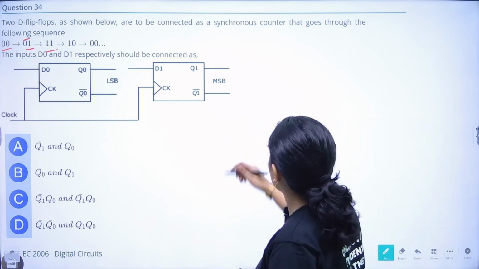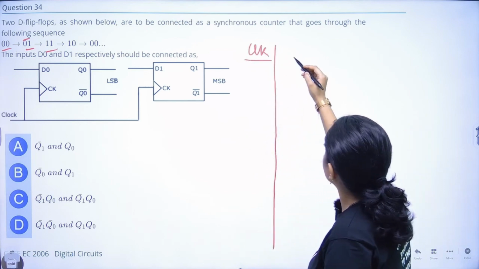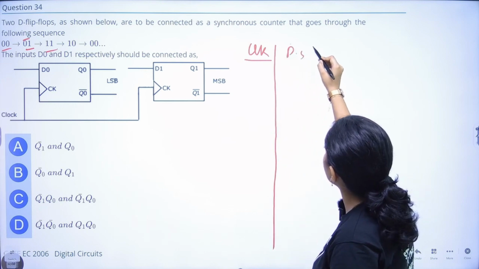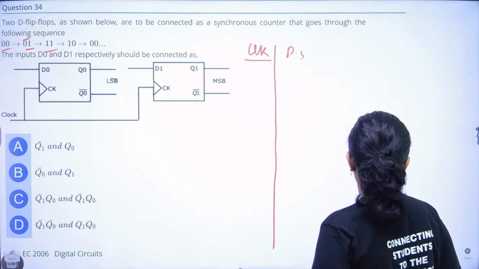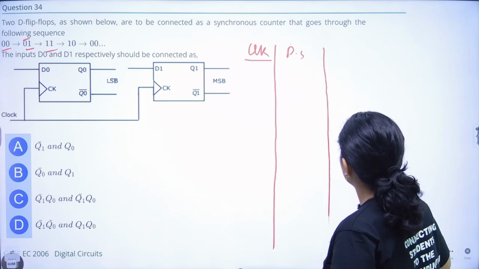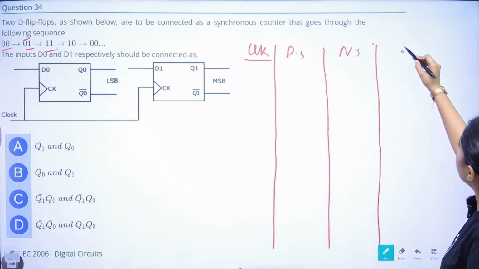Okay, let's just draw the table. Clock, previous state, next state and the inputs.